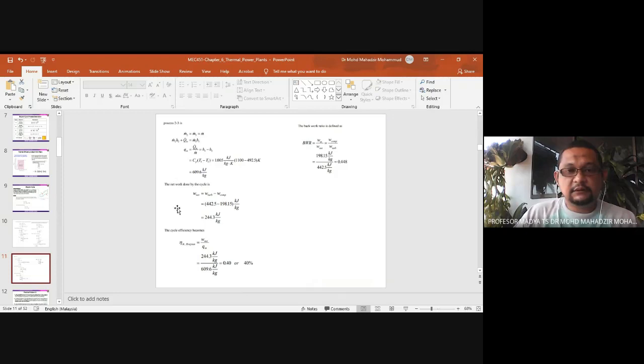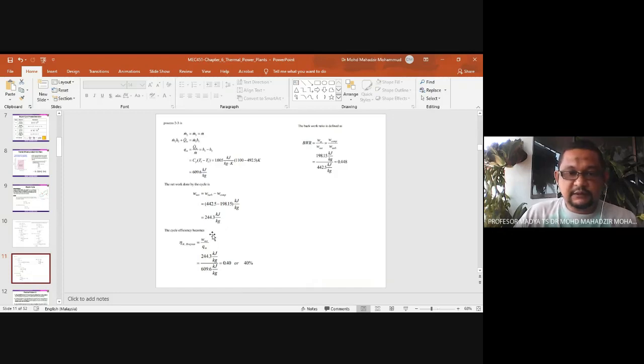Okay. So the net work, W net, is equal to W turbine minus W compressor. After you put in the turbine work and compressor work values, you will get the net work.